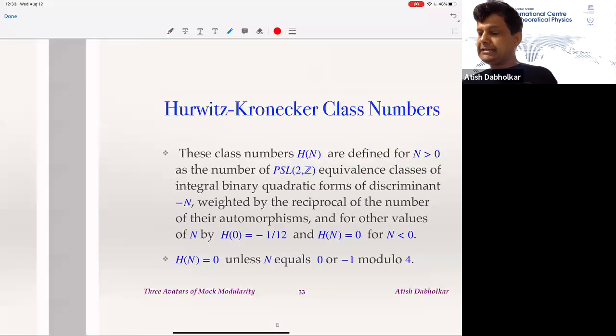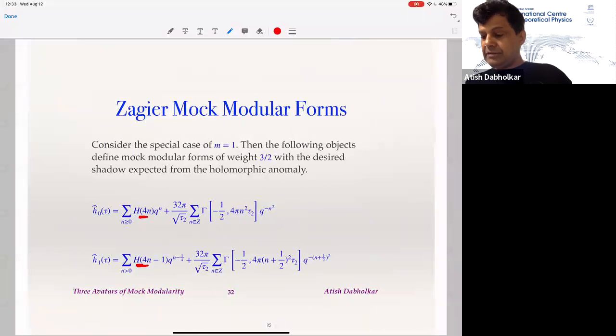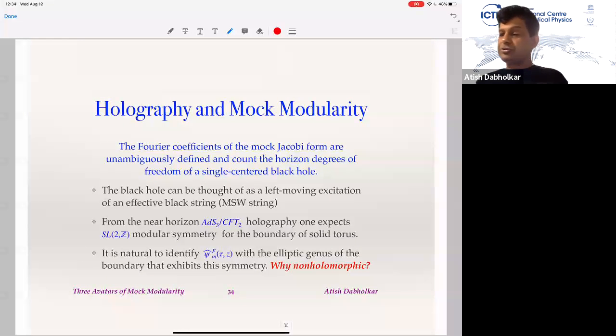But the main property is that there are some Hurwitz-Kronecker class numbers, H(n), defined in some way, which you don't need to know. But basically you take H(4n) q to the power n and H(4n minus 1) q to the power n minus 1/4. You can show that it's a mock modular form. It has a completion. Again, the incomplete gamma function appears here. And that is what appears in the black hole story.